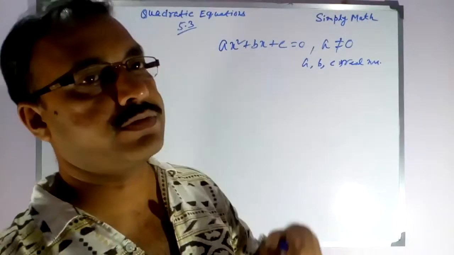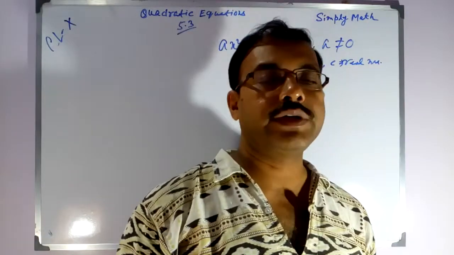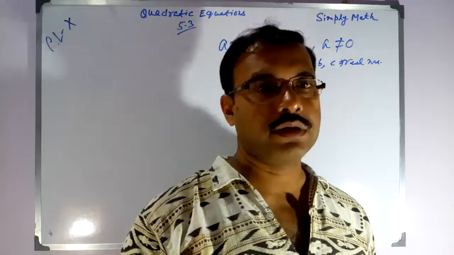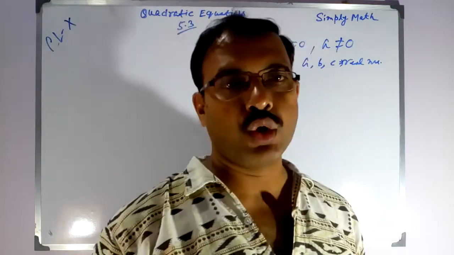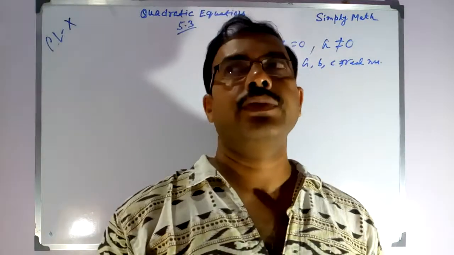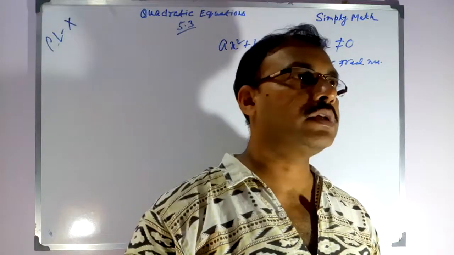ax square plus bx plus c. Now, what does Sridhar Acharya's method tell us? What are the roots of this equation?